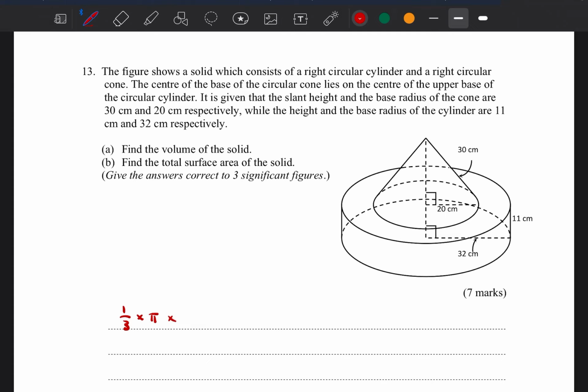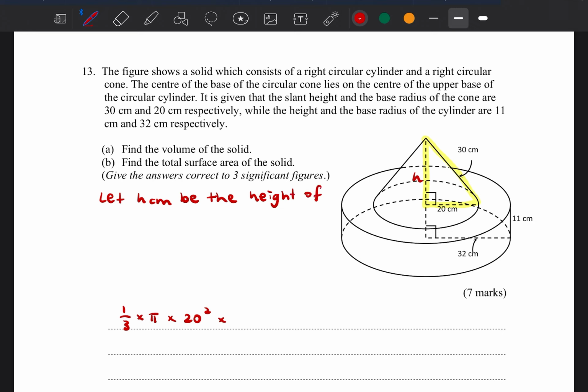We know that the volume of the cone is 1/3 times pi times r squared, which is your 20 squared, times your height. I do not have the height of the cone because if you look carefully, we only have the slant height. So all we have to do is use the Pythagoras theorem. Let this be h.